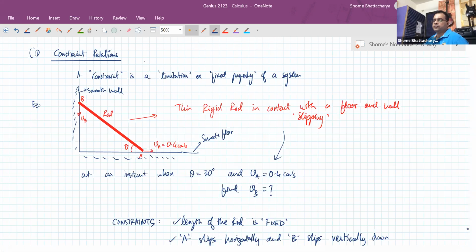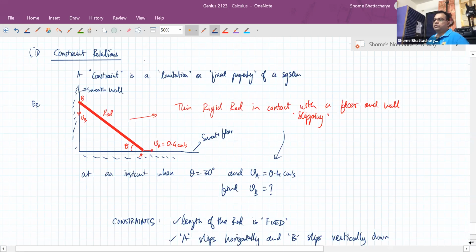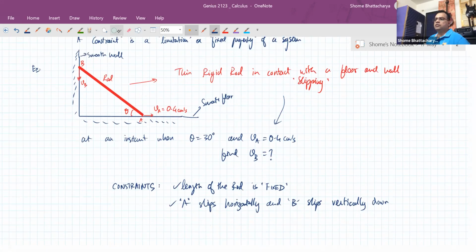Or you can say that there is no way we can justify that A and B should have the same speed. If I assume VB is equal to VA, there's no justification for that assumption as of now. Okay, so what we will do here is use these constraints along with calculus.